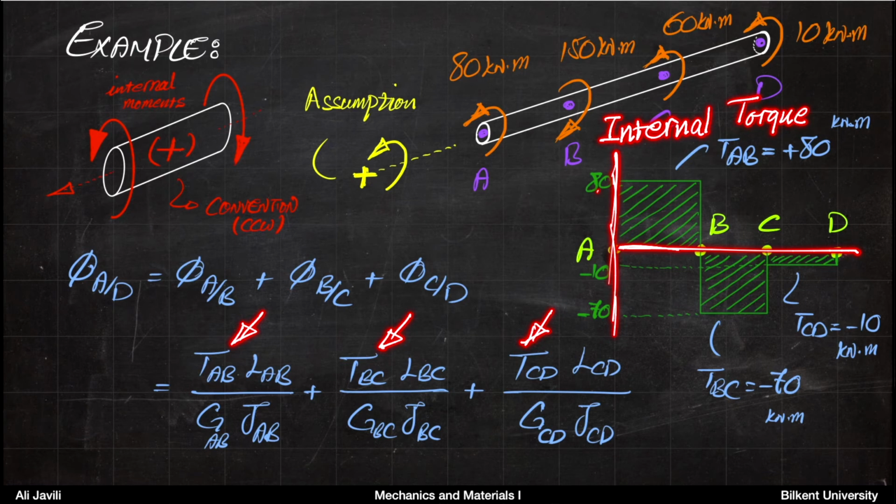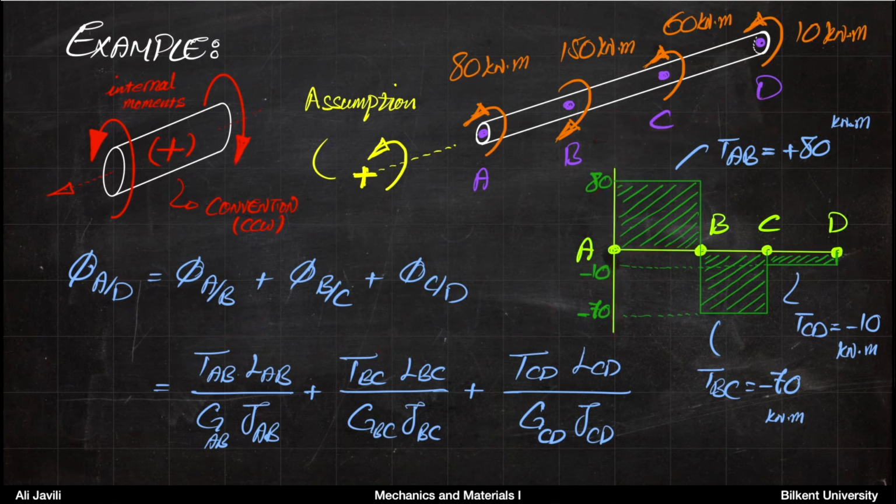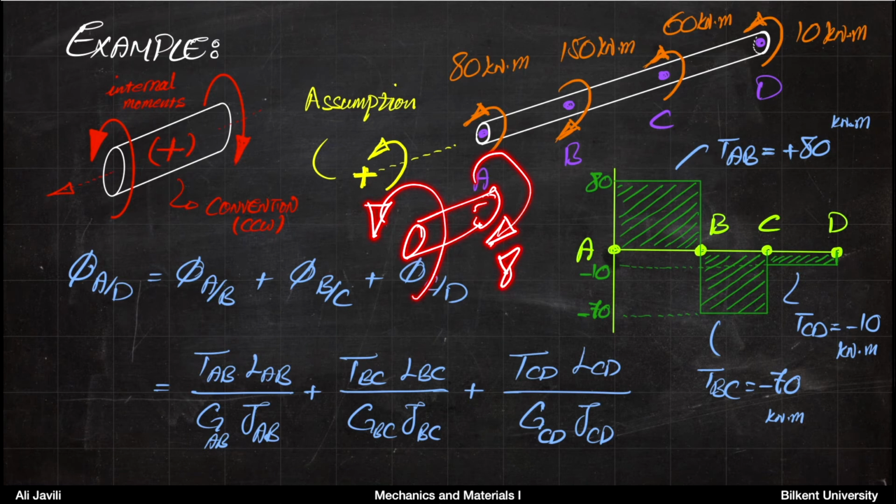So if you plot the internal torque with respect to, let's say, positions, you can see from A to B, the internal torque is 80, and that's plus 80 because again, if you cut it like that, here you have an external torque 80. So in order to cancel that, on the other side, you would need 80 kilonewton, which looks like this.